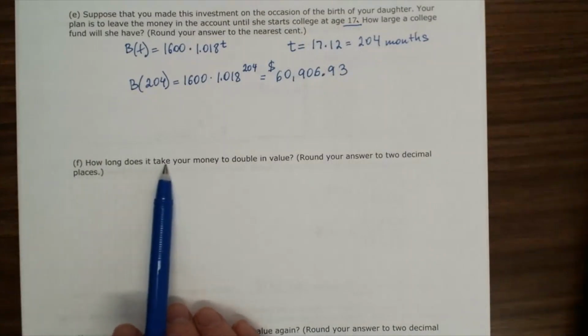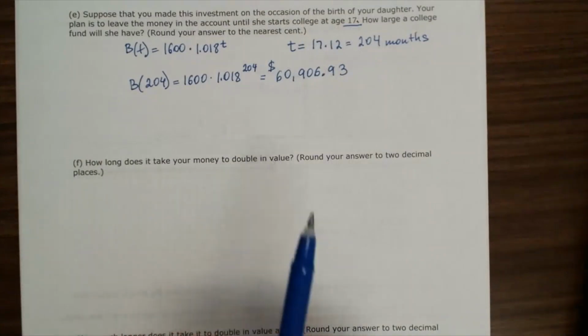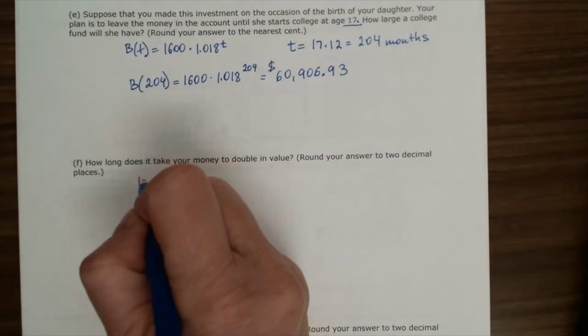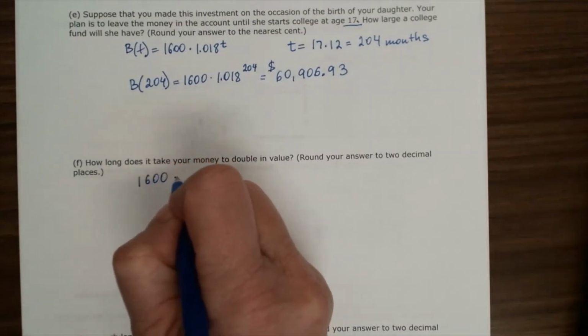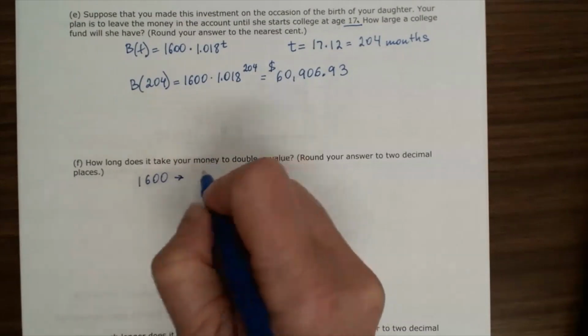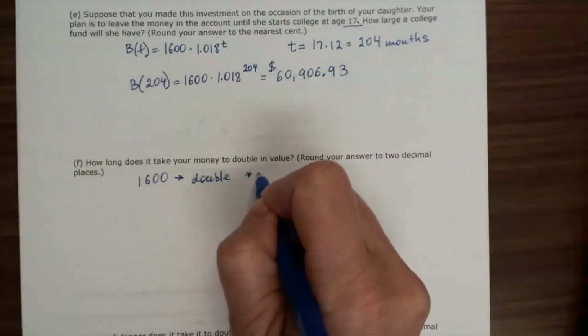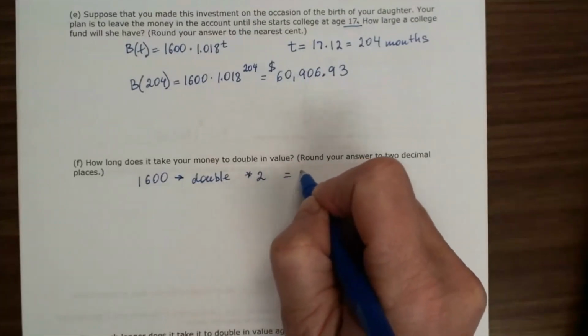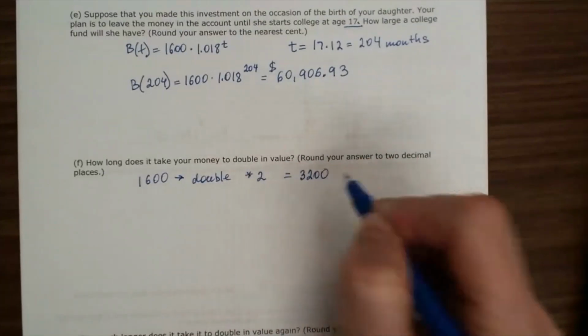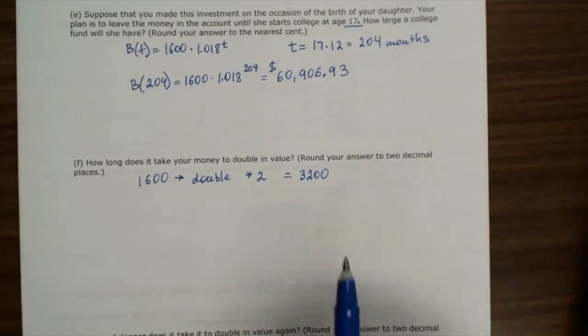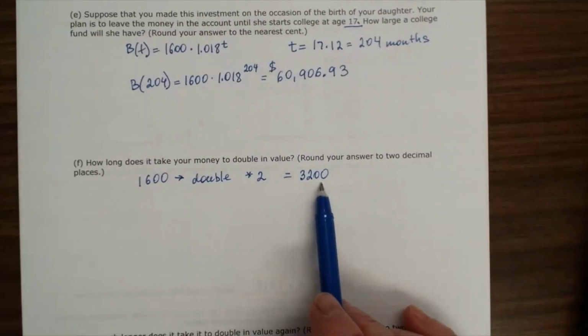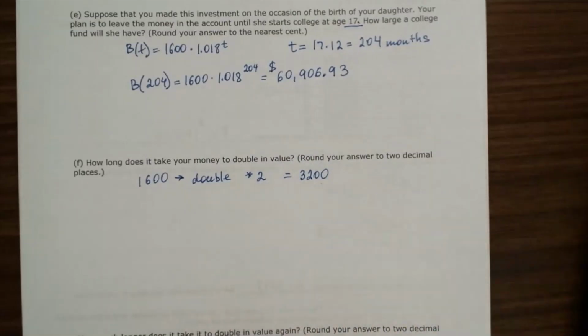How long does it take your money to double in value? It means that we deposited 1600. Double means you need to multiply this value by 2, and it will be 3200. This is our balance at a certain time.